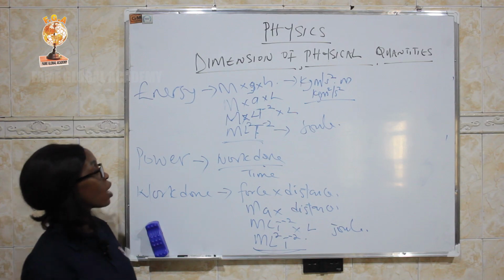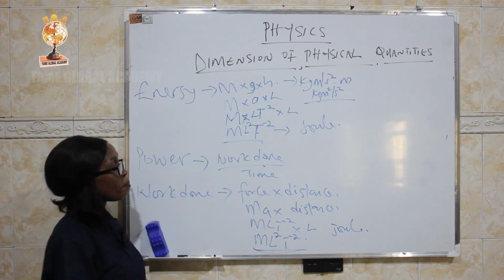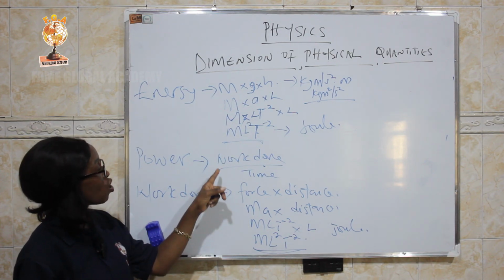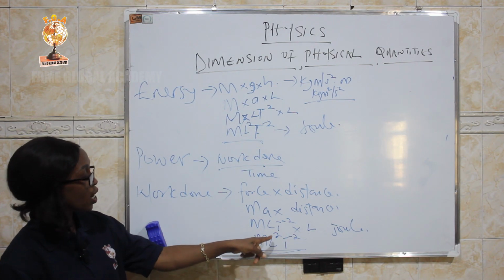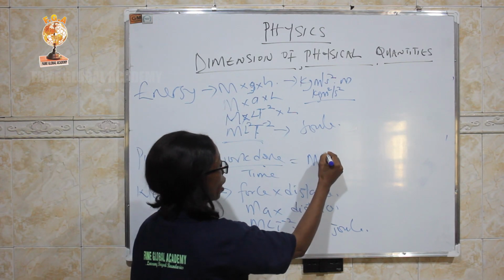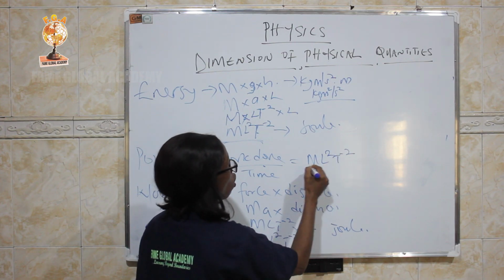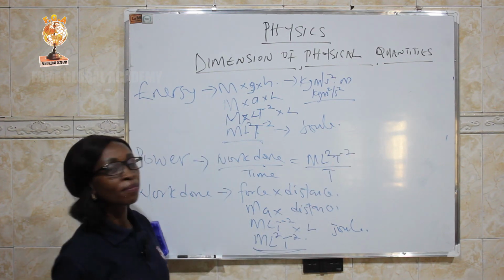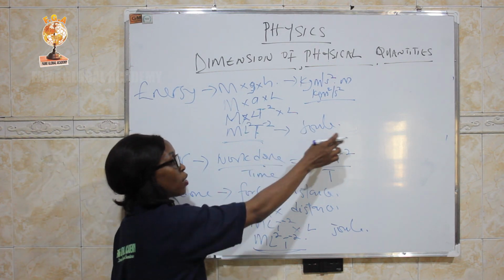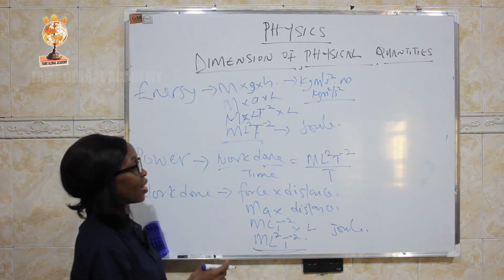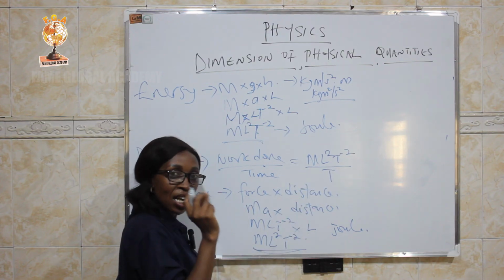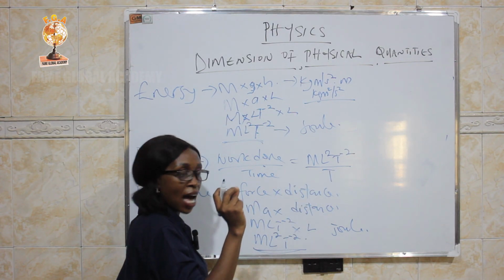And let's now go on to power. Power is work done over time. So if I know work done is ML squared T minus 2, then power becomes ML squared T minus 2 all over T, because time is T. Remember, T here has 1 as the power.